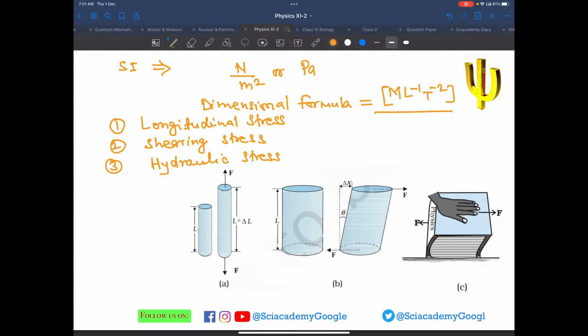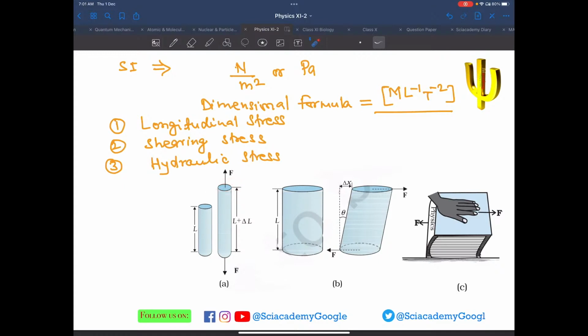So friends, suppose we are talking about this figure, when we apply the force perpendicular to the cross section of the area.